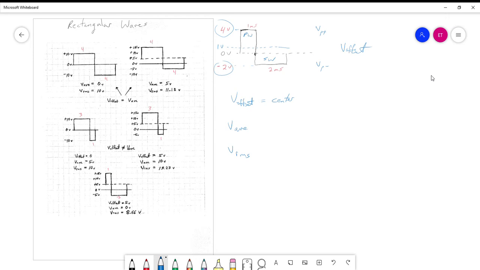Okay, what other parameters? Well, if we have pulse width and space width, all together, we know that's the period, right? So we've got T, and that's the whole time of the waveform, all the way across there. Pulse width plus space width. We've got frequency, that's just the inverse of T. Let's see, are we missing anything?